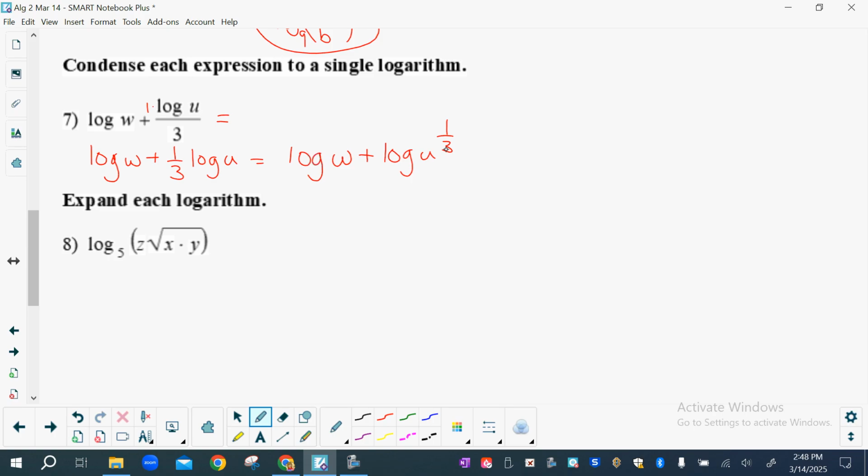And then because it's addition, we make it multiplication. But before we do that, what does 1/3 mean? It's cube root. Very good. That's from last chapter, and I know it's really easy to forget that, but remember the number on the bottom is your root.